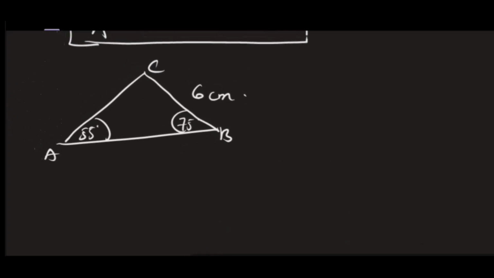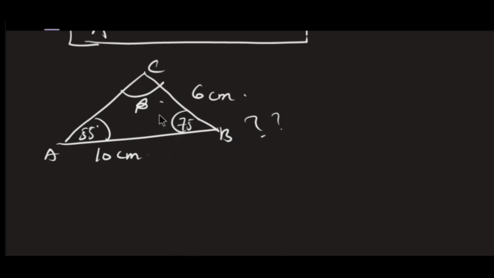So here in this problem, let's say you have a triangle ABC. You have this side to be 6 centimeters, then maybe you have this side to be 10 centimeters, right? You need this angle beta. So how do you find this angle beta using the sine rule?